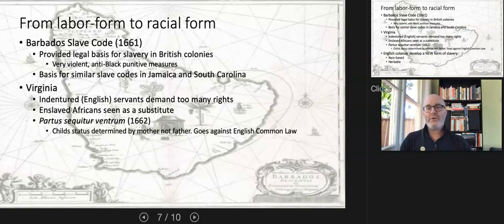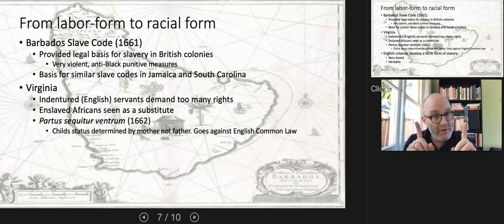So Partus Sequitur Ventrum changes how one's status is inherited, and it's no longer the father, it is the mother. Of course, this means if an English enslaver rapes an enslaved woman, the child is a slave, and cannot sue in court for rights, because they are born into slavery.